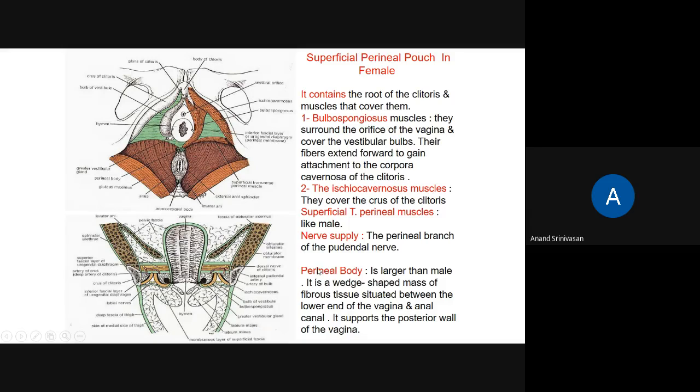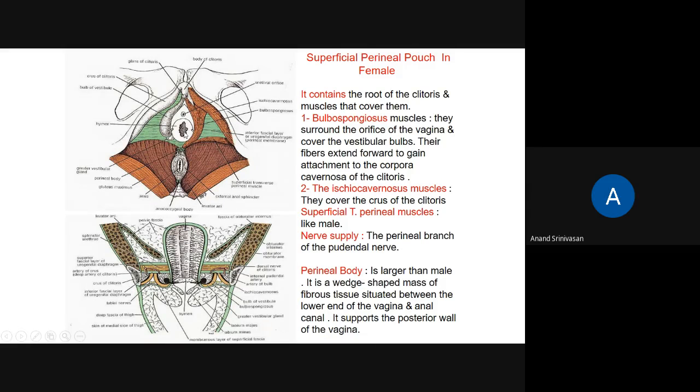In males the perineal body is not that important, but in females it is quite important because females give birth to children. So what happens when they give birth? The baby has to come through the vaginal part, so this will be extended, it has to expand, and then she delivers the baby, and then it has to retract back to its original position.